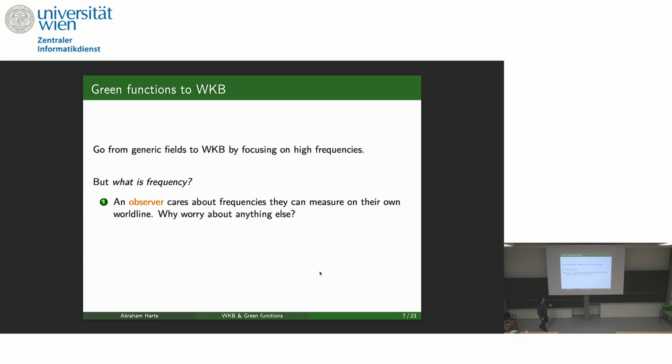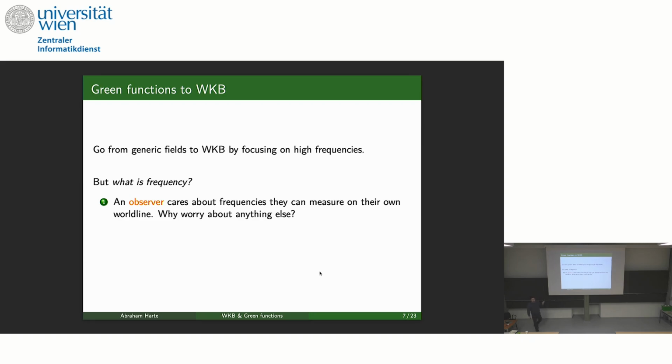That also works in an obvious way in a stationary space-time. But in an operational sense, none of these things really matter, right? If you're an observer, you measure something that's a function of time, you can compute the frequency content of that thing, and you don't care what somebody on the other side of the galaxy is measuring for the spectrum of that same thing, right? All you care about is what you see locally.